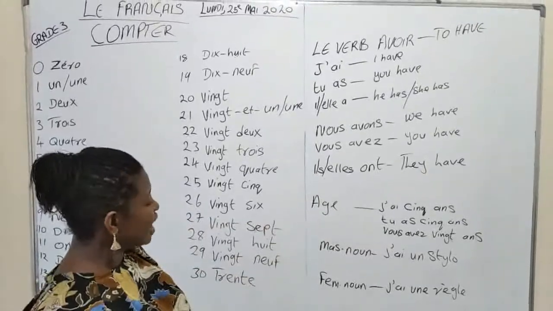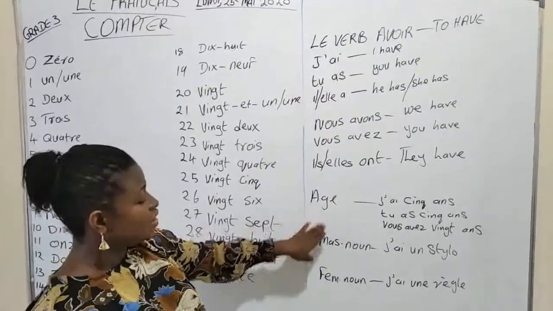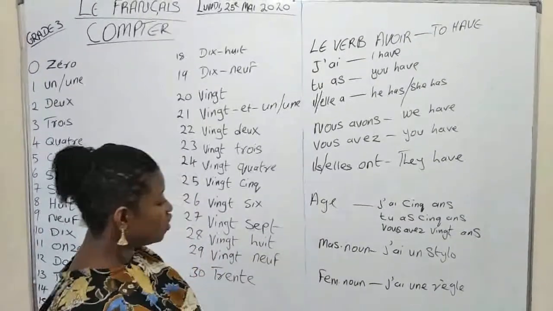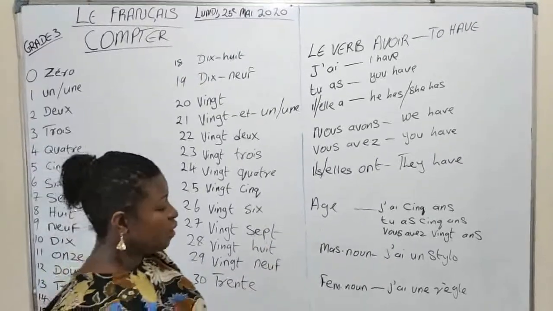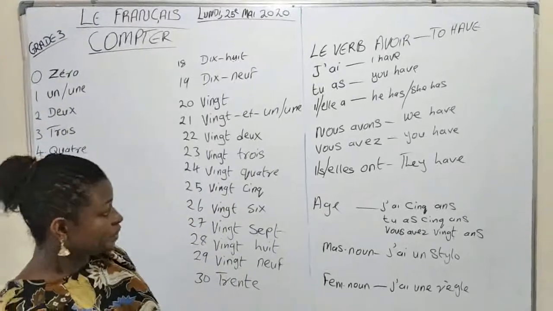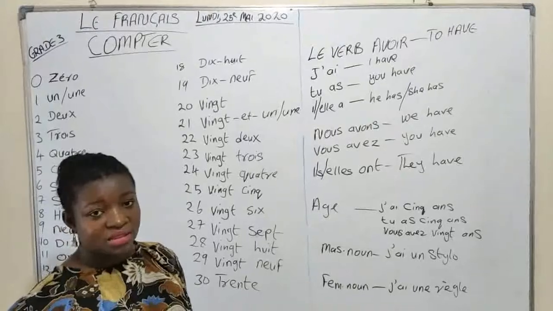We have also looked at how to use le verbe avoir to say our age, to say what we have, and to count masculine and feminine objects.